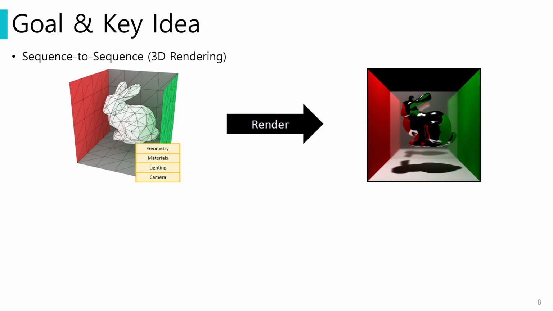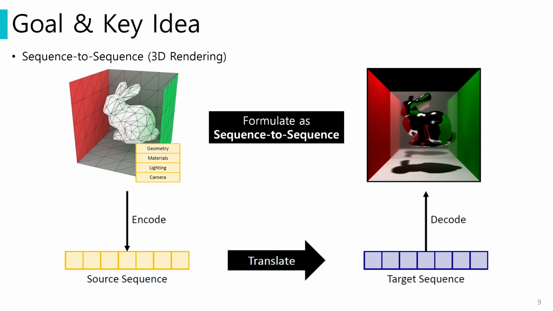Now let's look at 3D rendering again. Fundamentally, it's also a transformation process. It takes a complex 3D scene description as input and transforms it into a final 2D image. RenderFormer formulates rendering as a sequence-to-sequence transformation.